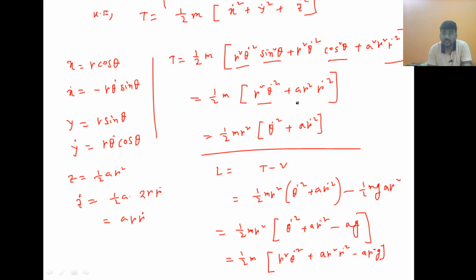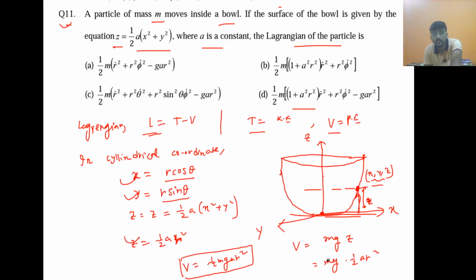It's r square theta dot square plus a r square into r dot square, it is correct. So we have r square theta dot square. If we take common r square from here, then it will be theta dot square plus a r dot square. But the common r dot square.